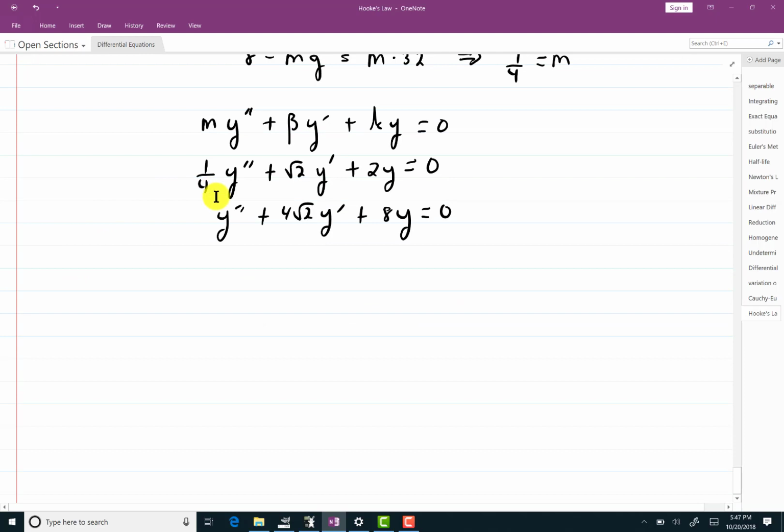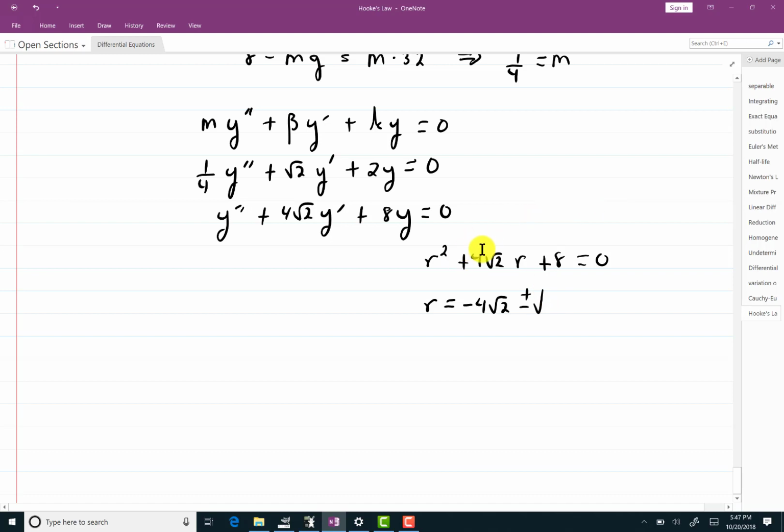And let me go ahead and set up my auxiliary equation. Remember, I'm using r instead of m because m is being used for the mass. So our auxiliary equation is r squared + 4 radical 2 r + 8, set equal to 0. I'll use the quadratic formula. r equals negative 4 radical 2 plus or minus the square root.